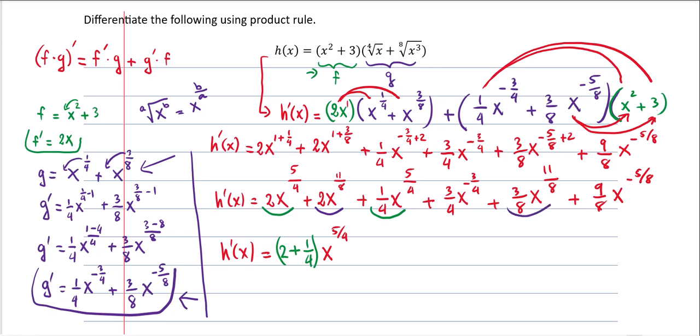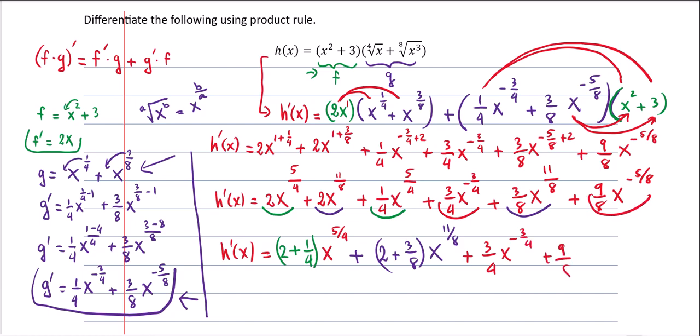And also this term, they have the same exponent. So we will add the coefficients 2 and 3 over 8. And you will keep x to the 11 over 8. And then the last two terms, we don't have anything to combine them. We just have to rewrite them. And the last one is 9 over 8, x to the minus 5 over 8.